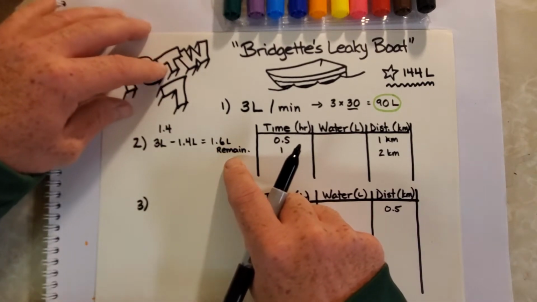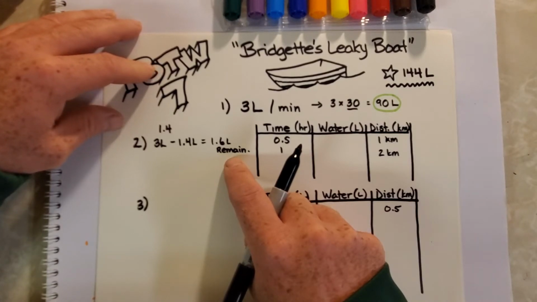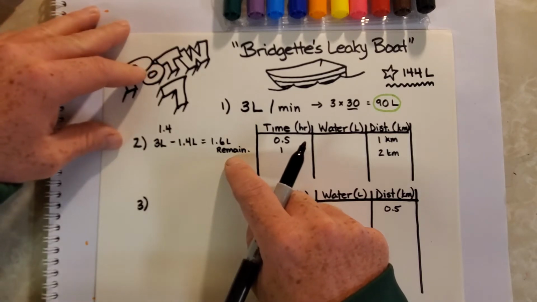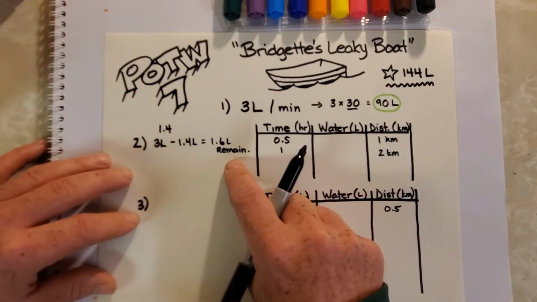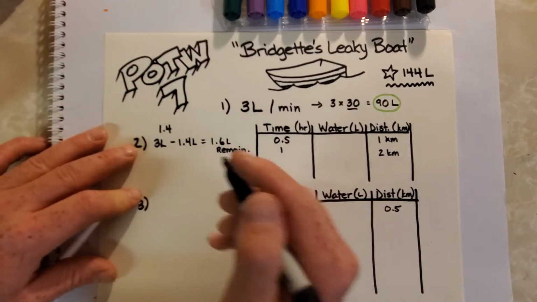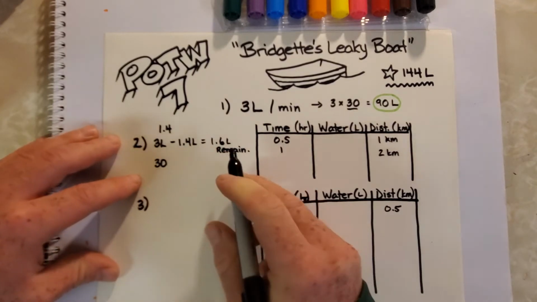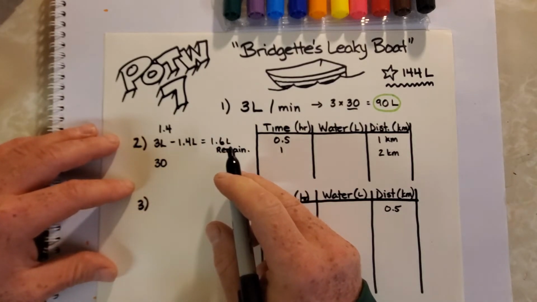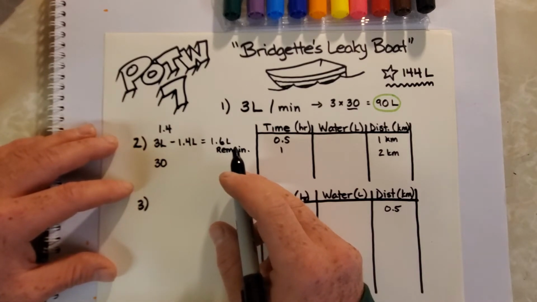All right, so the second part of that question is how much water would be remaining after 30 minutes? You could do this a couple ways. I chose to use multiplication. I knew that my span of time was 30 minutes, and I know that she's removing 1.4 liters every minute.